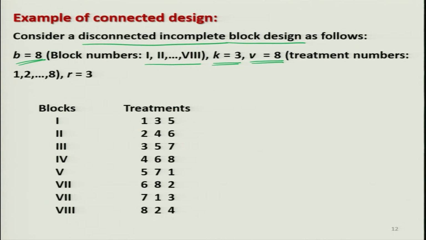Now we have block number 1, which has the treatments 1, 3, 5, block number 2, which has the treatments 2, 4, 6, block number 3, which has the treatments 3, 5, 7, and so on.